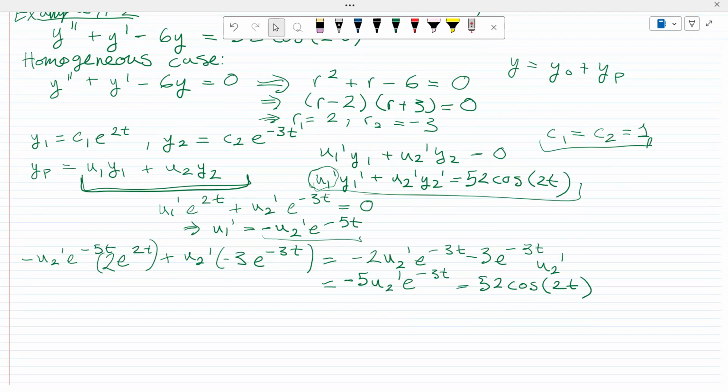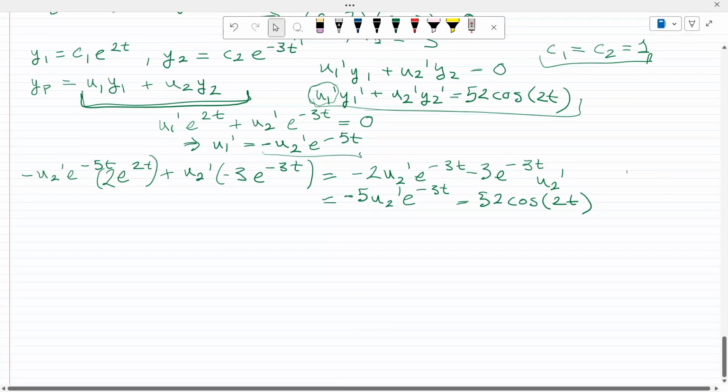Let me just double check that all of my working holds. Yes, perfect.